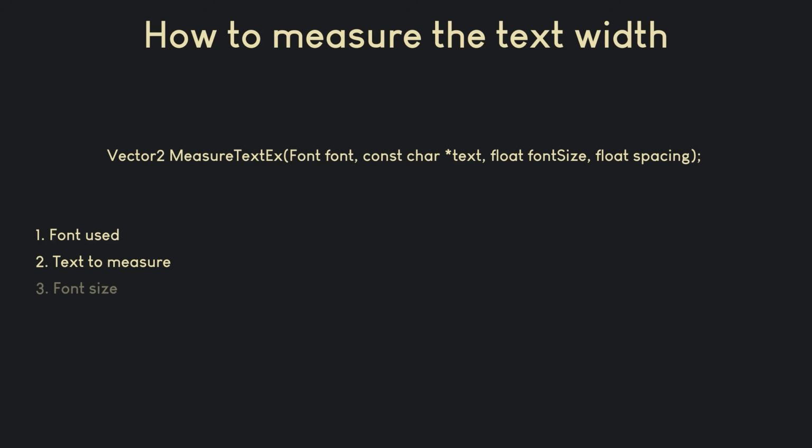A font size, which is a float data type representing the font size to be used for measuring the text, and spacing, which is also a float data type representing the additional spacing between characters in the text. The function returns a Vector2 data type representing the width and the height of the text string in pixels, based on the provided font and font size.